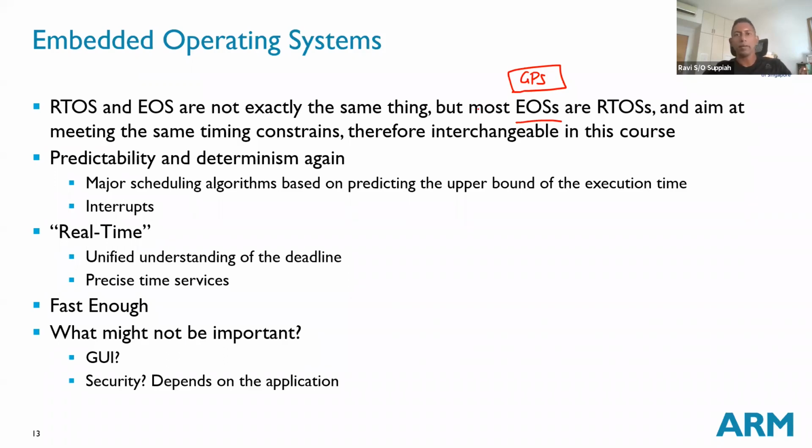You do not want to be driving and then the voice says, oh, you should have turned right 5 minutes ago. It's too late already. It should give you some advanced notice, like 500 meters ahead, turn right. That real-time response is inherent in the expectation of embedded systems. That is why in some literature or books, you may see the use of EOS or RTOS interchangeably, but the concepts are the same.